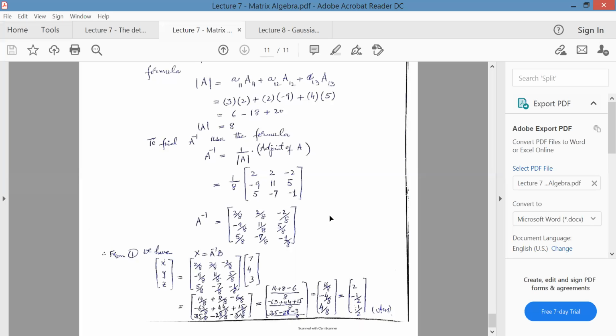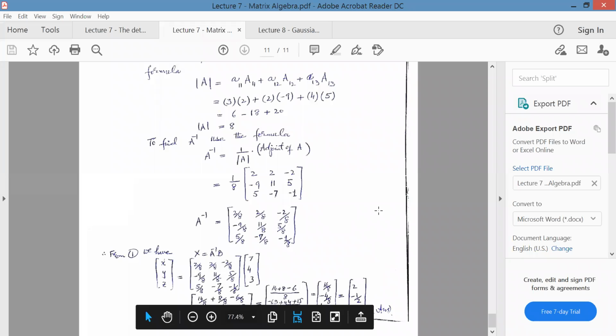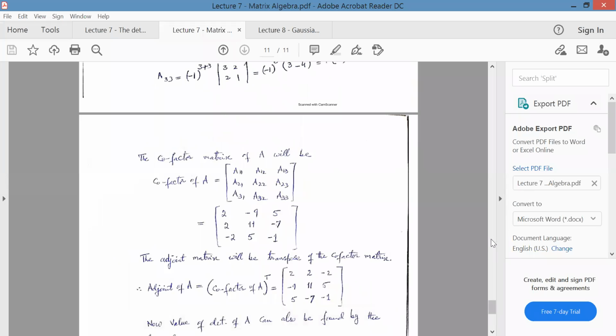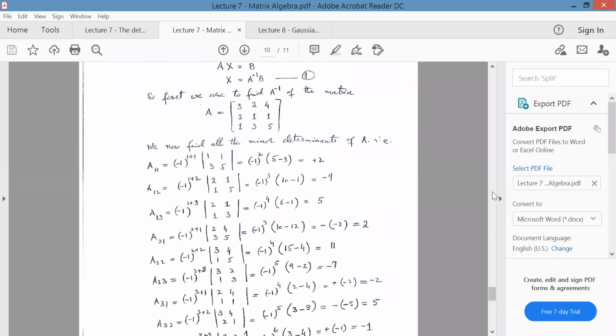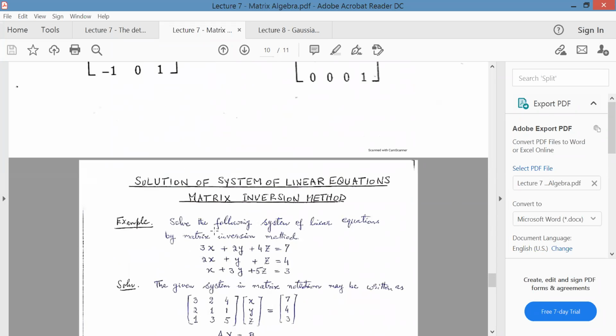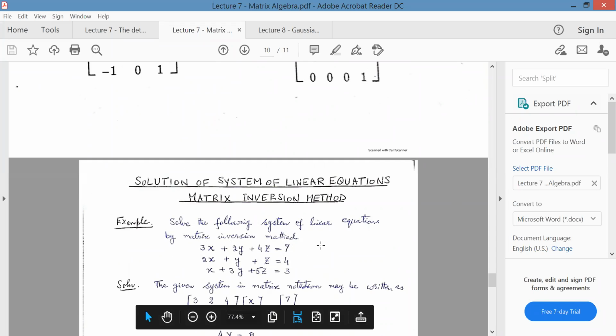Are you listening to my voice or not? सर जो आंसर आया है वो बिल्कुल टॉप में जाके एक इक्वेशन है उसमें पुट करना होगा. शाबाश, ठीक. Okay. Whatever the system of equations are given here, put the values of x, y, and z here. All of you, please verify the answer and tell me whether the equation is satisfied or not.